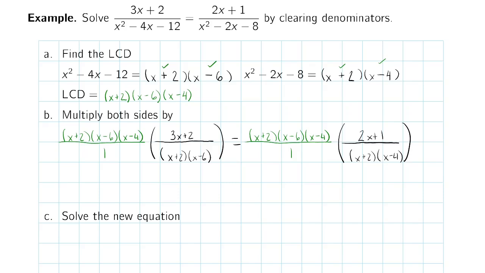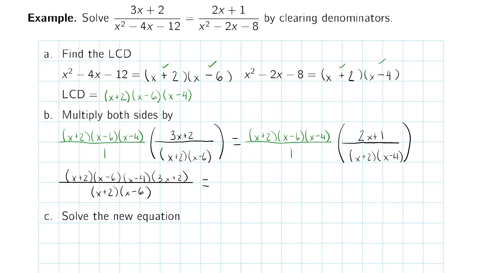So when I multiply this out, on the left, I'll have x plus 2 times x minus 6 times x minus 4 times 3x plus 2 all over x plus 2 times x minus 6.